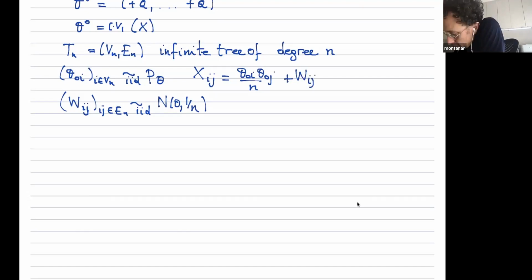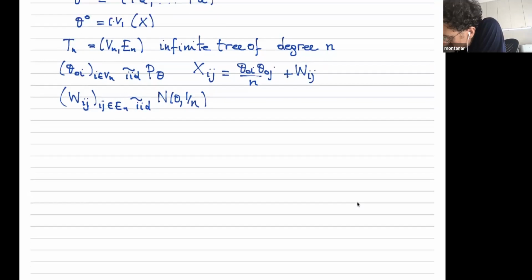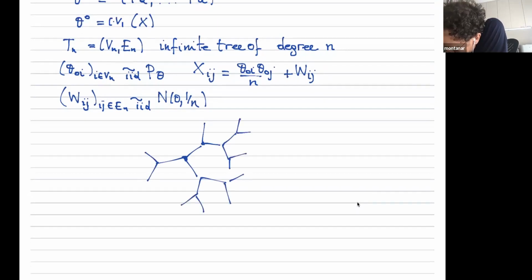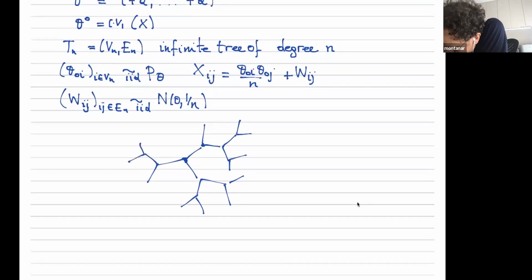Okay, so let me draw a picture. The picture is for n equal 3. This is not necessarily the case I'm interested in, because I'm interested in large n. But you have an infinite tree, and the theta 0i are associated to the vertices, and the X_ij are observations on the edges.